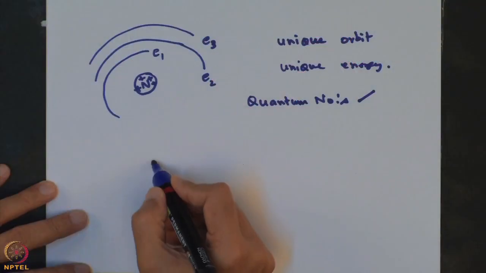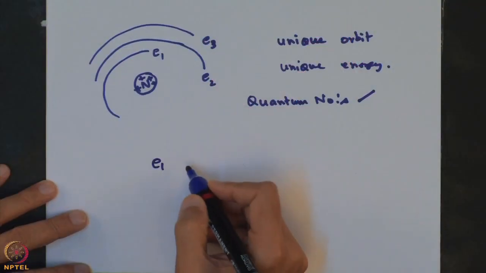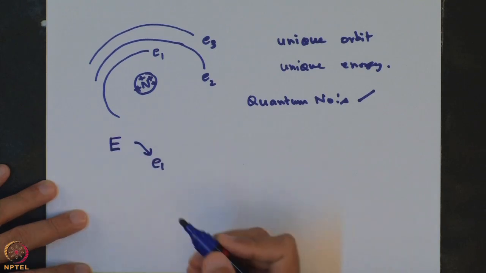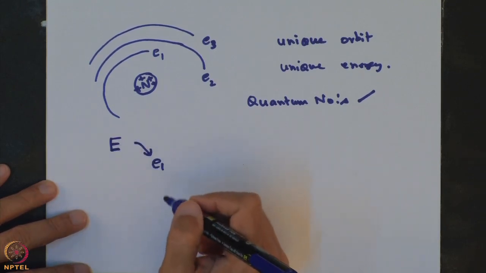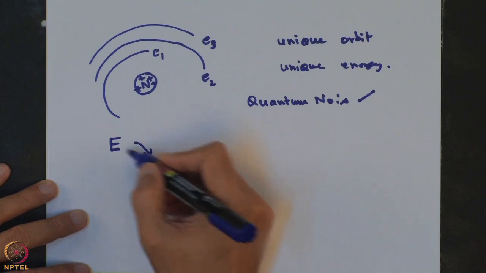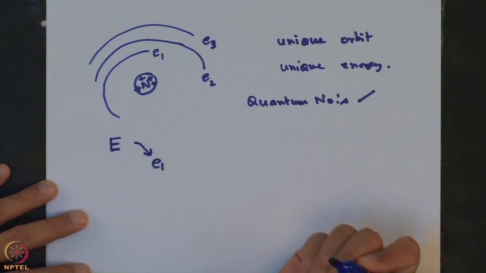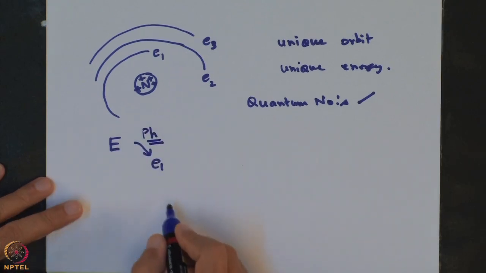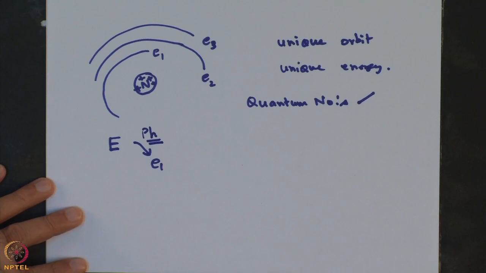Now, when an electron, let us say E1, gets some energy from outside. So, let us say there is a packet of energy which has come and hit electron E1. So, let us say a photon, which is the fundamental particle postulated by Newton as what the light consists of.